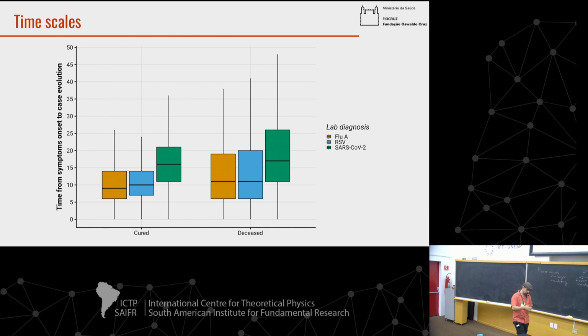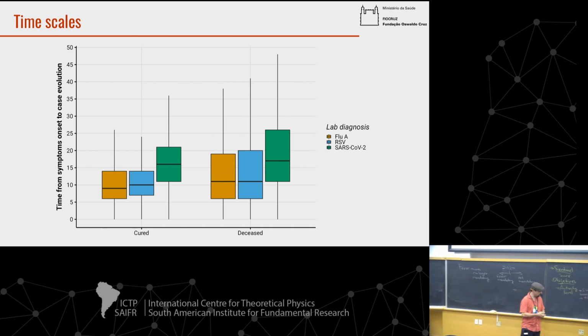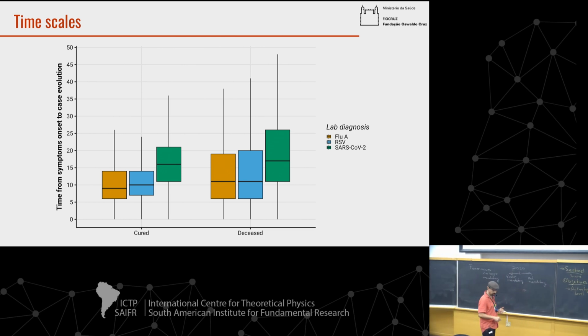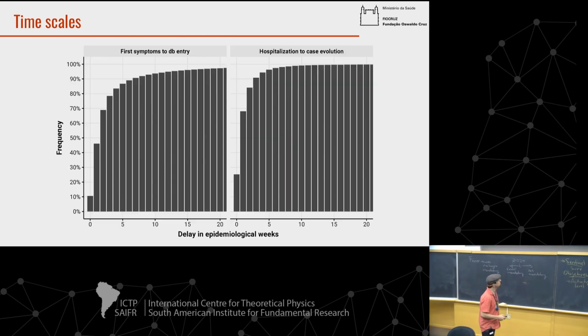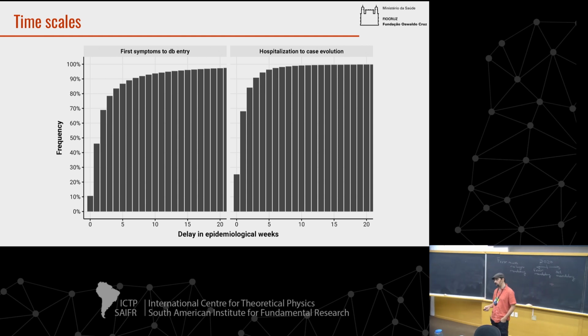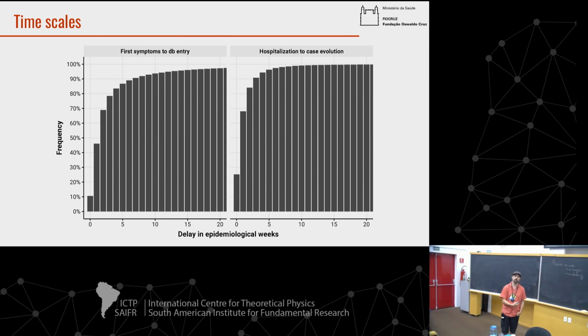To avoid making important mistakes in our analysis. Now, in the next few days, we will go over some methods of trying to compensate for this process in particular. Okay, so given that we know that there is a delay between symptoms onset and database entry, how can we take that into account to estimate the current situation for a given disease?